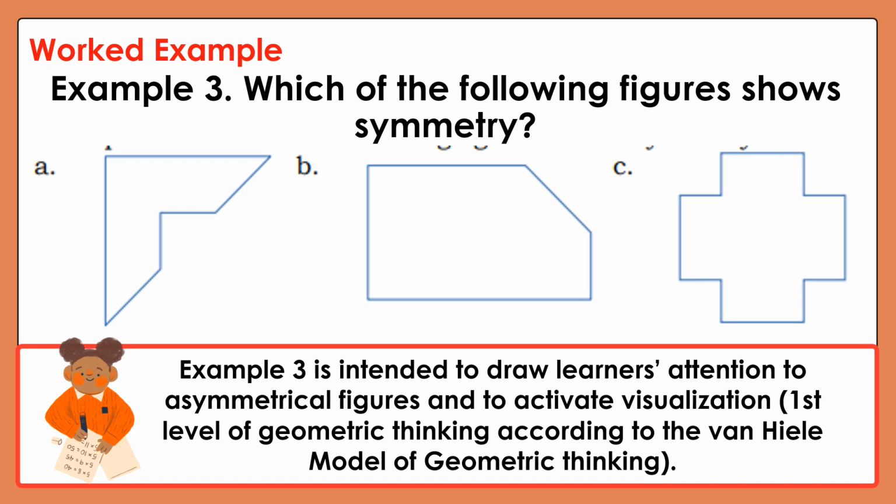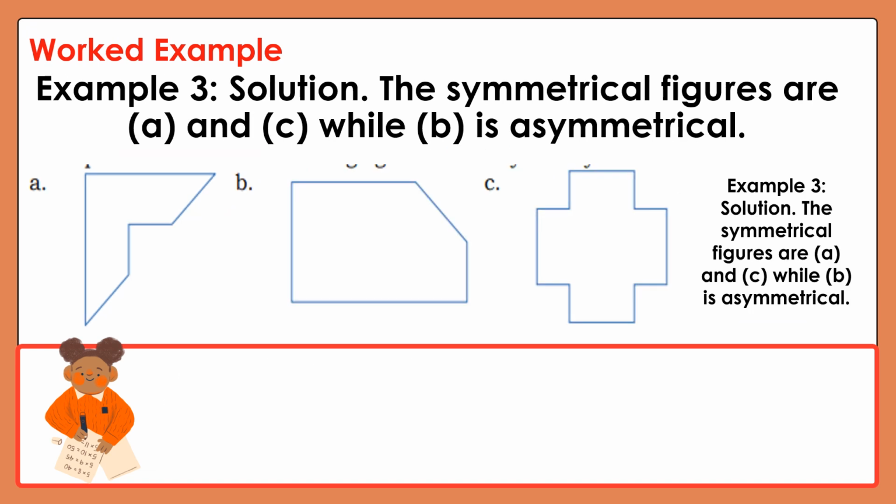First level of geometric thinking according to the Van Hiele model of geometric thinking. Example number 3, solution. The symmetrical figures are A and C, while B is asymmetrical.